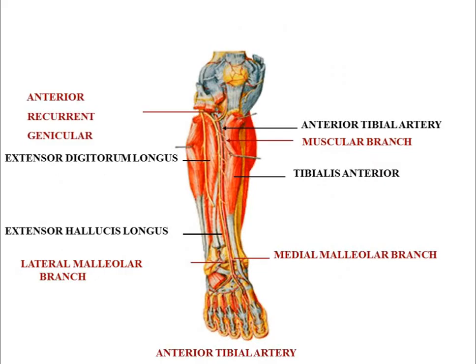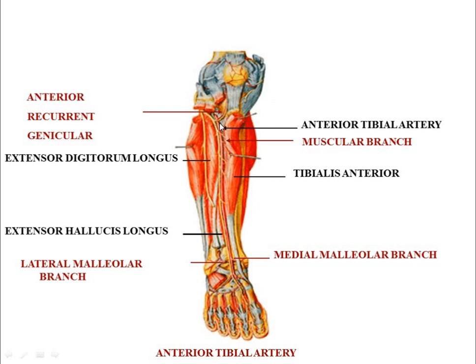The artery which is present in the front of the leg is the anterior tibial artery. The anterior and the posterior tibial arteries are terminal branches of the popliteal artery. So this anterior tibial artery comes through the interosseous membrane to the anterior compartment of the leg and supplies all these muscles in this region.